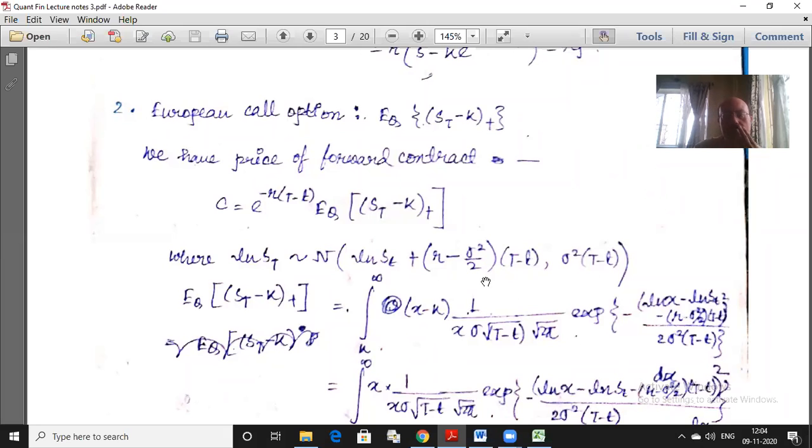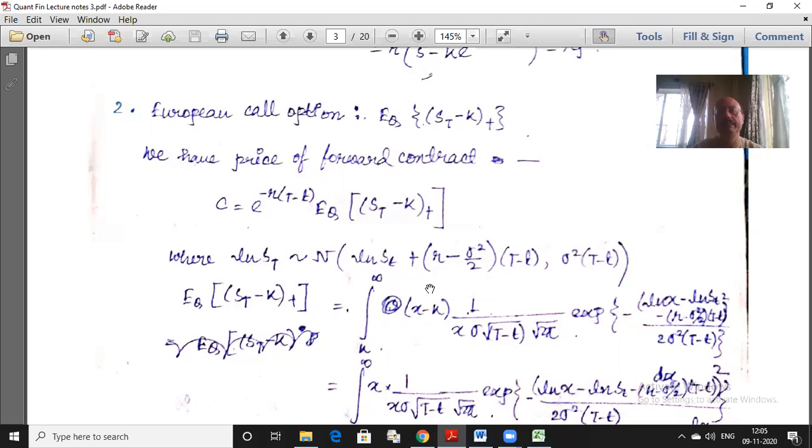So is this clear? Because this is the normal to log normal manipulation that, well, we know how to do. Is this log normal property known? So we have talked about the log normal distribution earlier. So if I start from time t, that is my 0th period value, which is known.